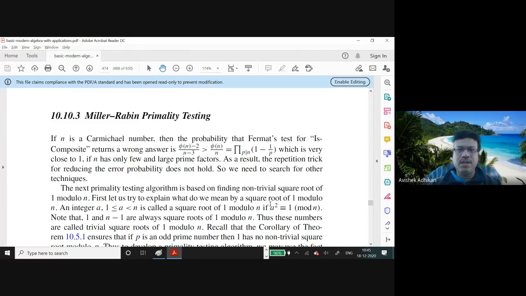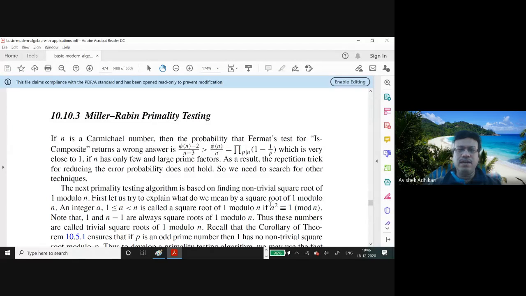But certainly, if you are able to bound that error probability, then your algorithm could be considered a good algorithm. And in my last class, we have already shown that the Solovay-Strassen algorithm is such a good algorithm, and it can do primality testing with very large numbers.